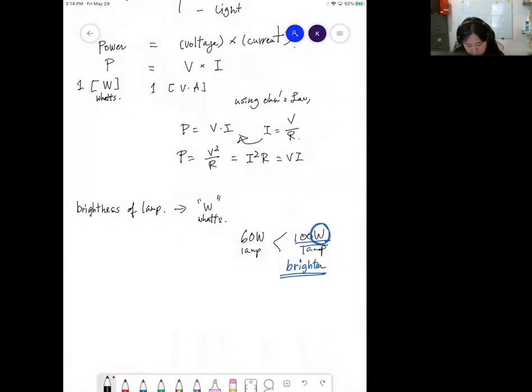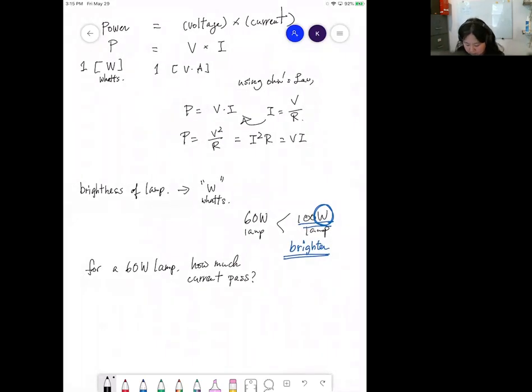So let's say we have a 60 watt lamp. How much current passes through it when you connect it to a 120 volt outlet?